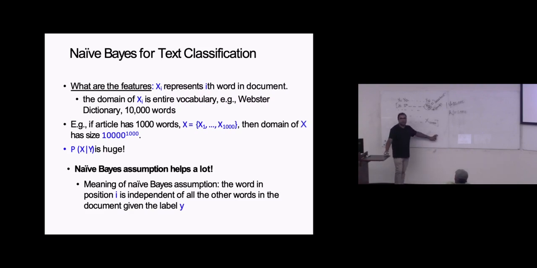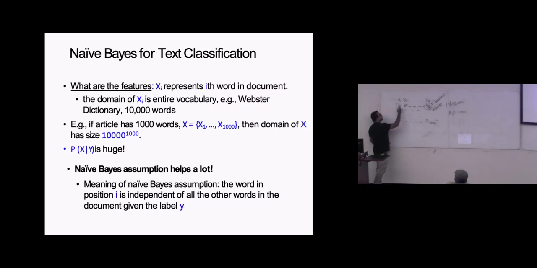So, how many probabilities do I need to estimate if I don't do naive Bayes, if I just want to represent all possible combinations of documents? 10,000 to the power 1,000. Why? Because how many options do you have to fill this position? 10,000 options.